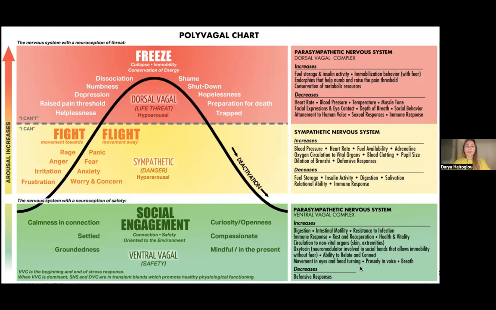So let me tell you that there are three organizing principles of the polyvagal theory: hierarchy, neuroception, and co-regulation. What's important to know is that in terms of the hierarchy, you've just seen these three zones of the nervous system hierarchy. So we want to get as close to the green zone as possible.